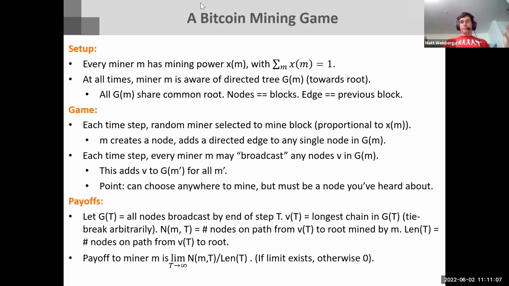Among everything that's been broadcast, there's some longest chain. Now, for every miner M, they have produced some number of blocks on the path on this longest chain. That's this. And they get reward, we'll normalize it to 1, for every block that miner M has created on the path from the longest chain to the root.